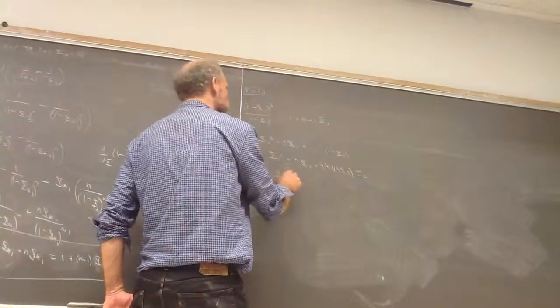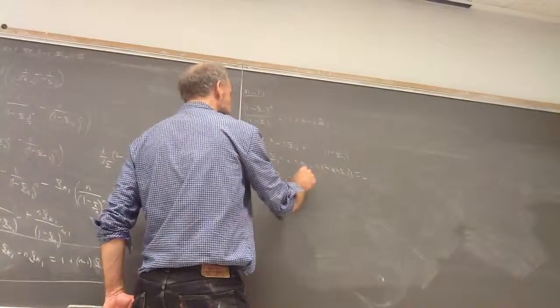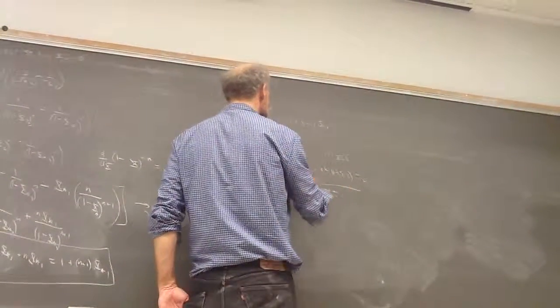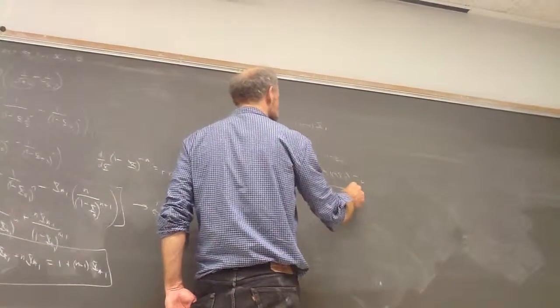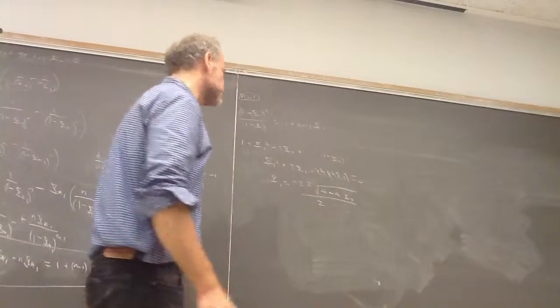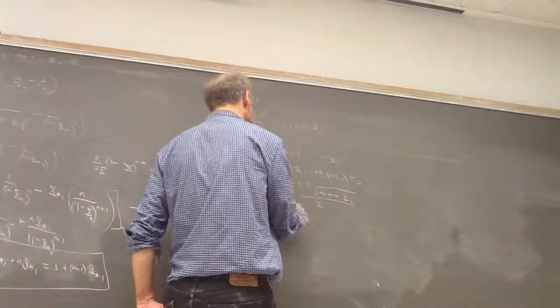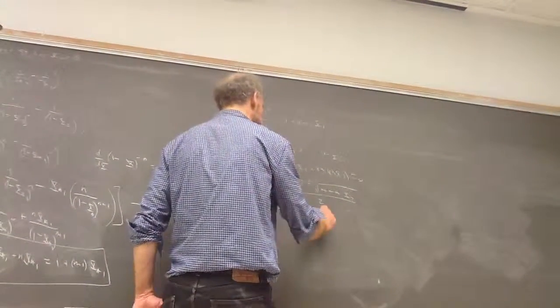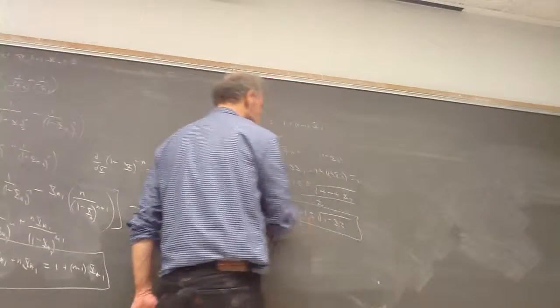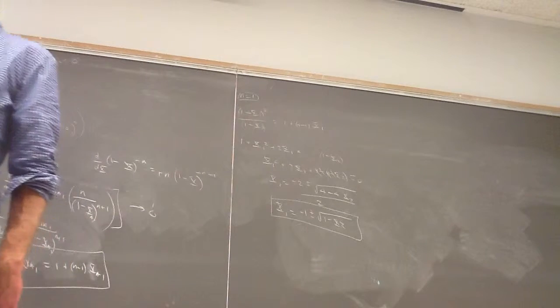So I have x1 is equal to minus 2 plus or minus the square root of 4 minus 4x2 over 2, which is equal to x1 is equal to minus 1 plus or minus the square root of 1 minus x2. Is it the plus or the minus here?